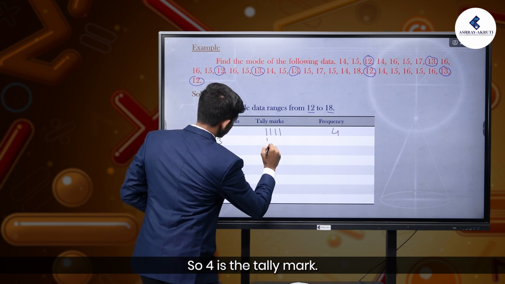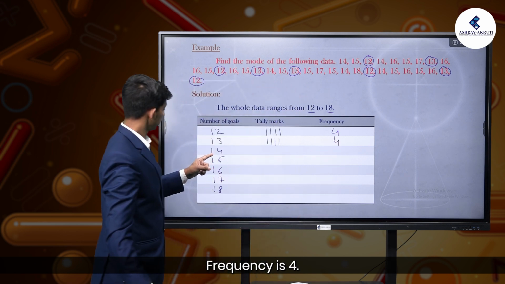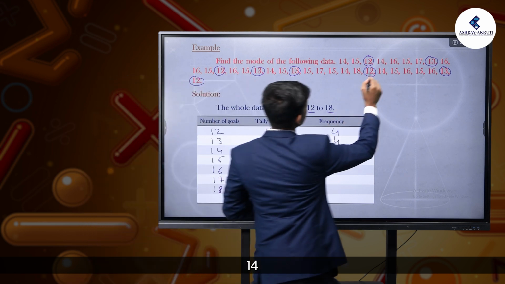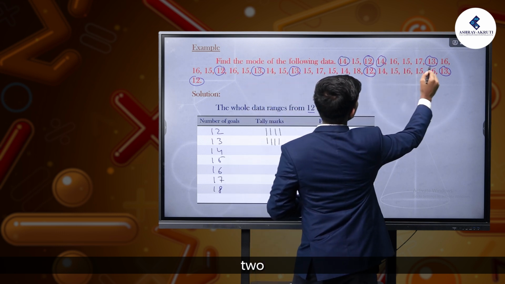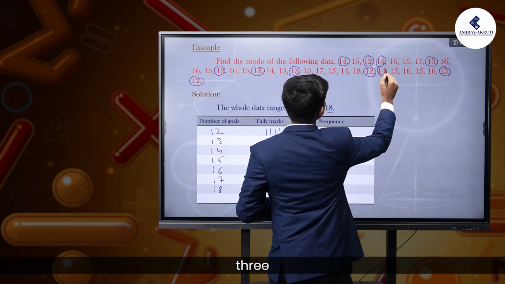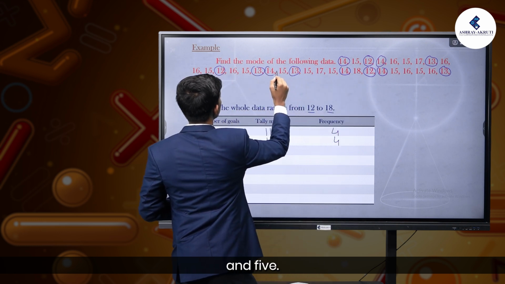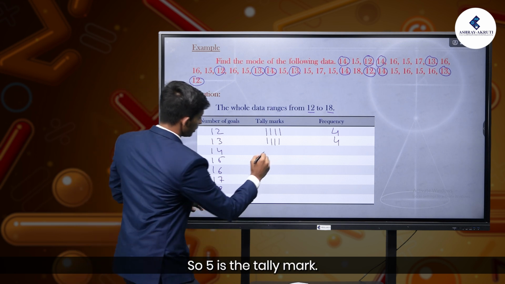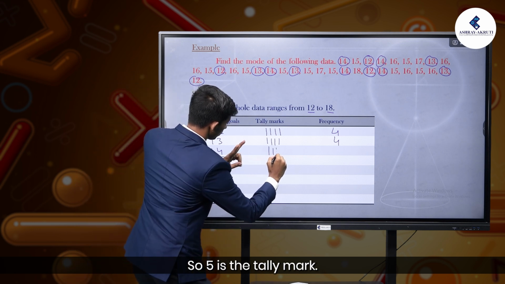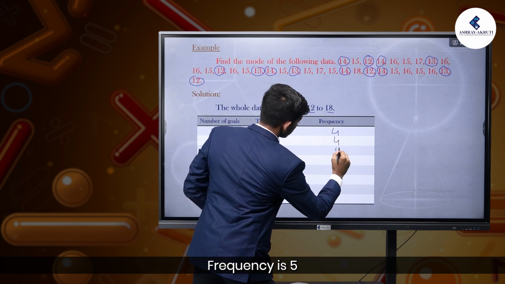So 4 is the tally mark and the frequency is 4. 14 occurs once, 2, 3, 4 and 5. So 5 is the tally mark and the frequency is 5.